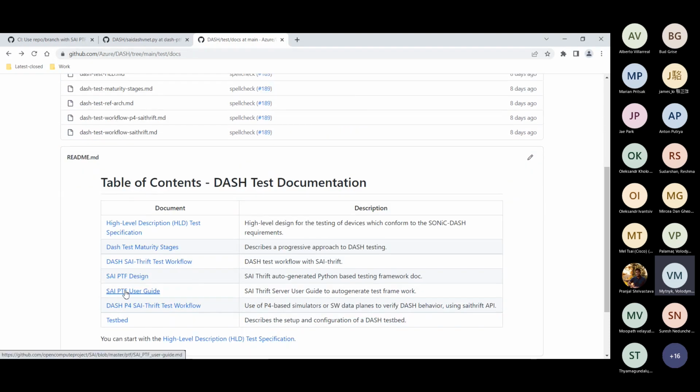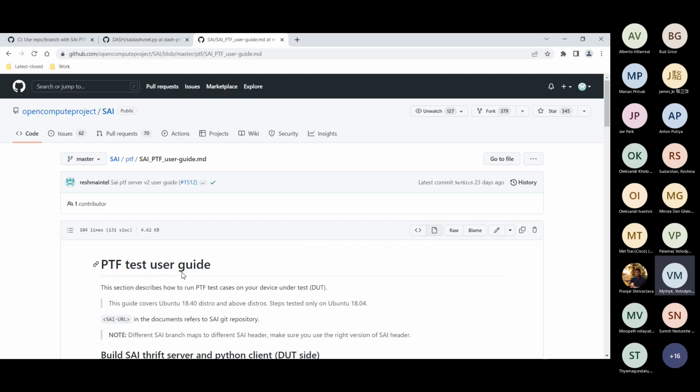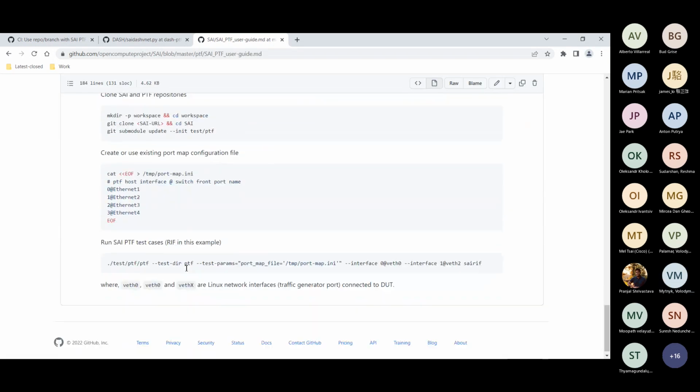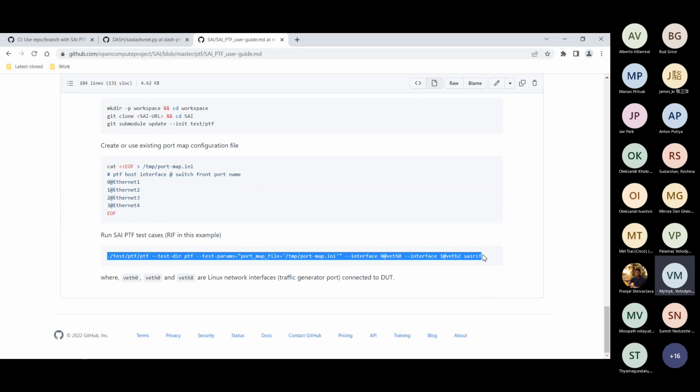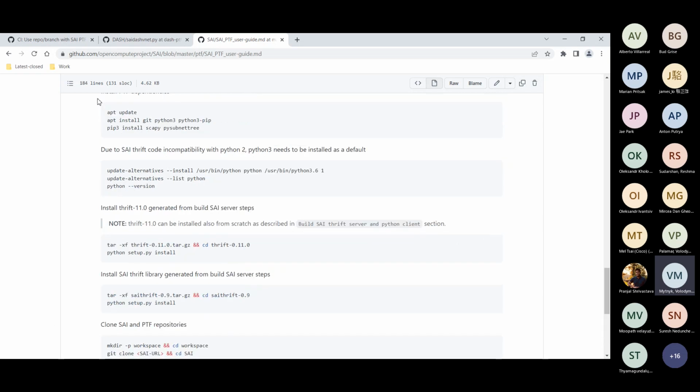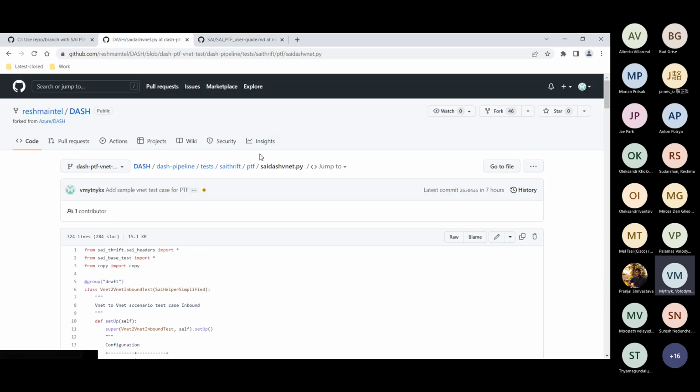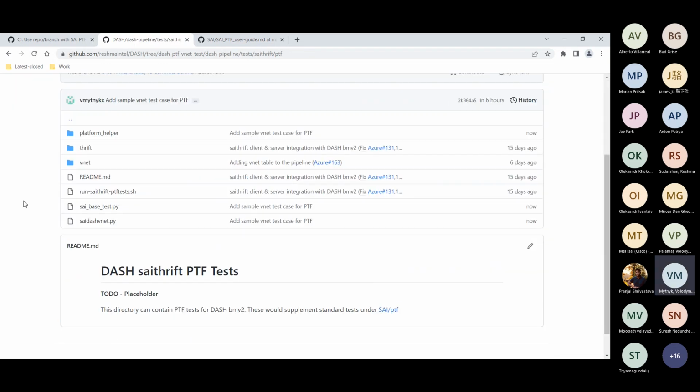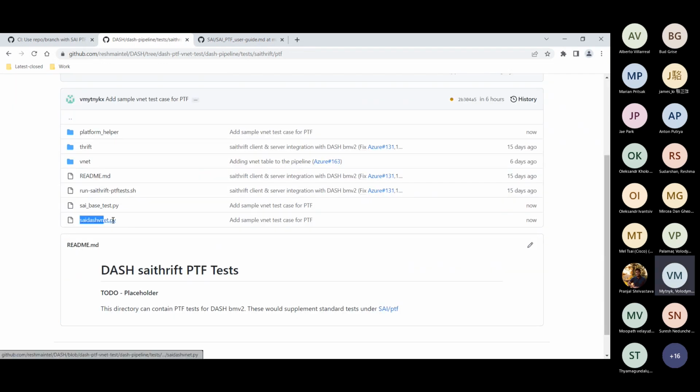There is a PTF user guide, so you can use it as an instruction to run your PTF test cases. For example, in our case, it can be the SAI VNET. That's it, just a brief introduction to the PTF test cases and how they look.